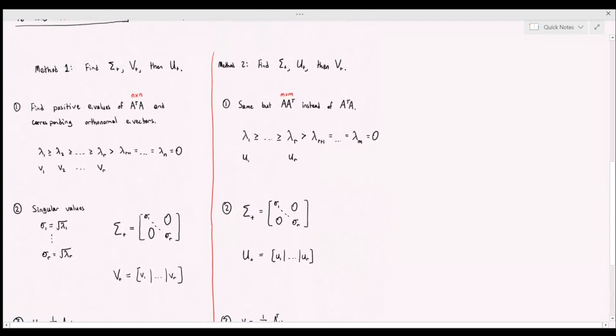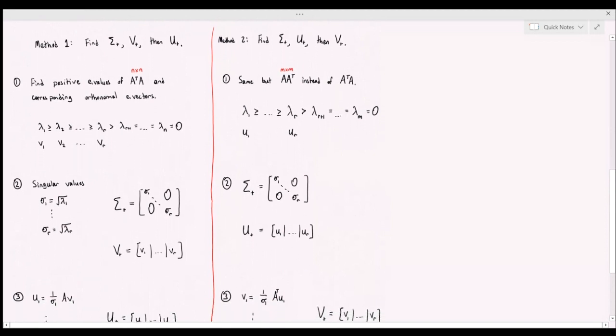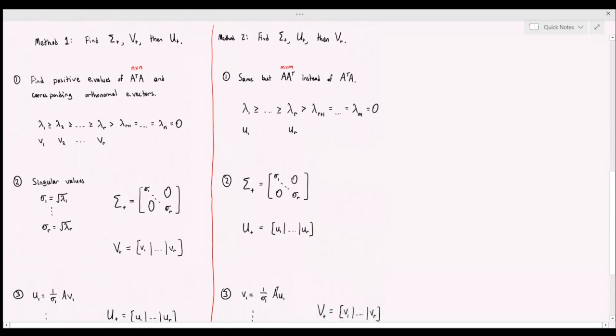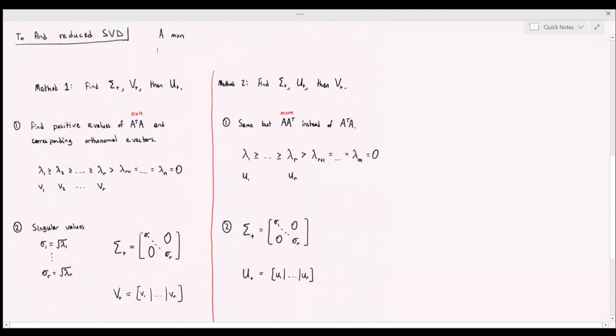It's up to you. You can just memorize one of them and then use that every time. But here I wanted to make a little observation that if your matrix is size m by n, then in method one, when you're looking at A transpose A, it will be size n by n.